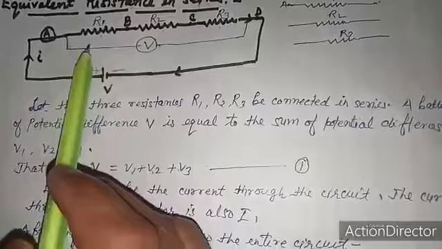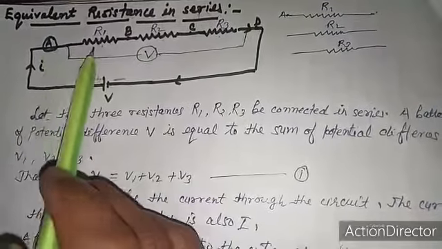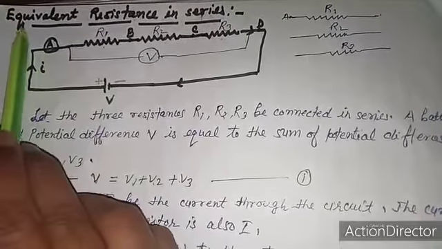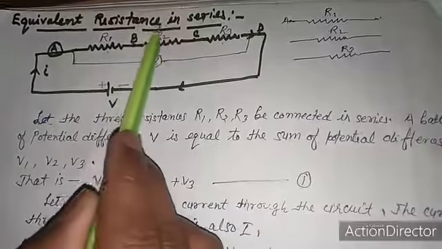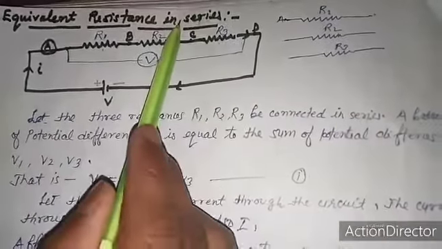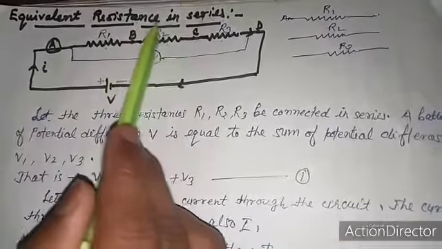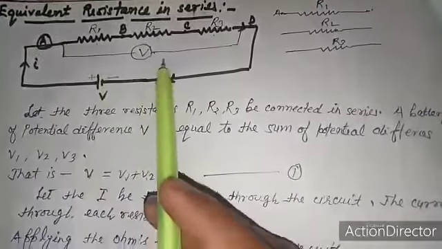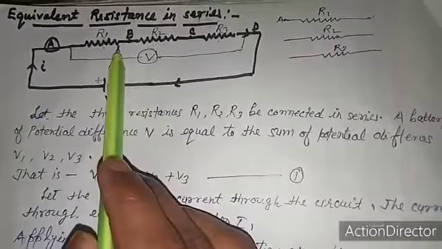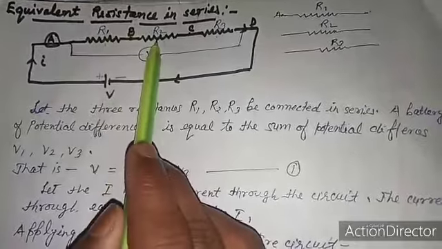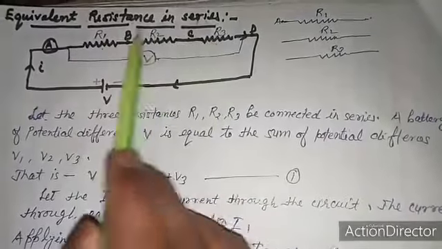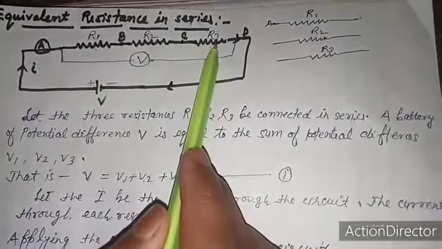Dear students, let us study how to find out equivalent resistance in series combination. Equivalent resistance means total resistance in series combination of the circuit. There are three resistances, R1, R2 and R3, connected in series combination.